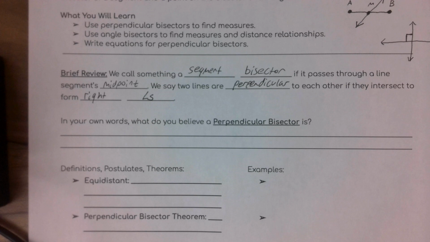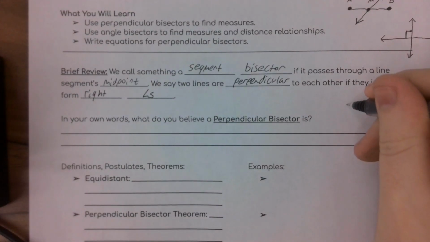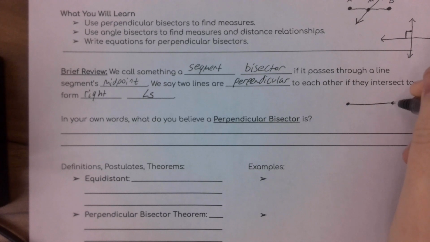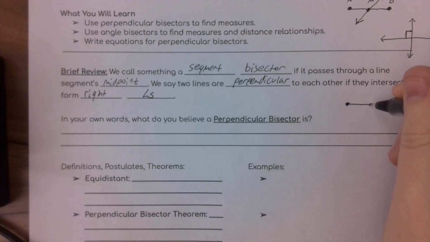Well, it's got the word perpendicular in it, so we know there's going to be a right angle. And it's got the word bisector, so we know something is going to be cut in half. I think I have a pretty good idea. A perpendicular bisector should have the properties of both perpendicular lines and segment bisectors. What does that mean?